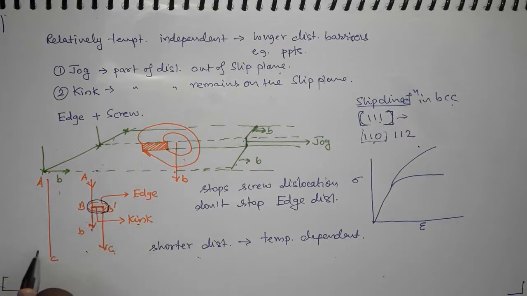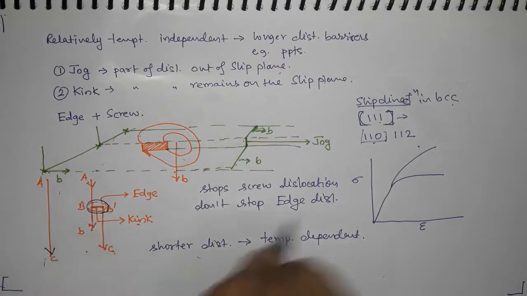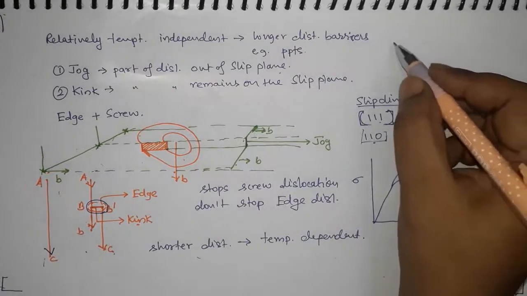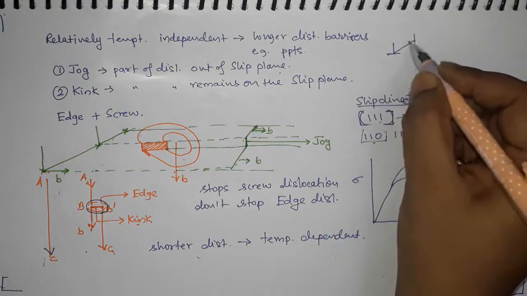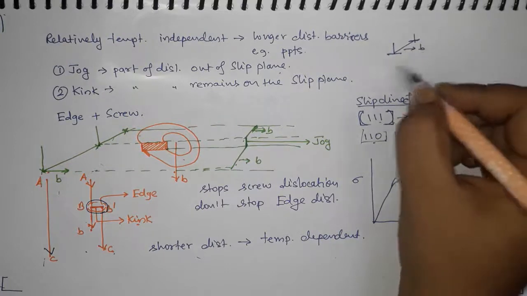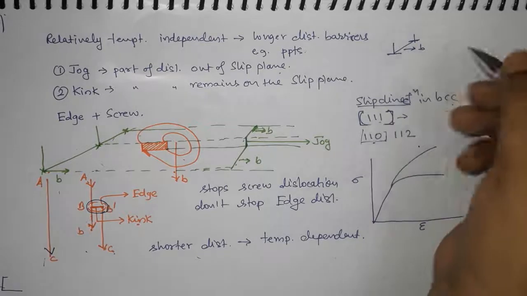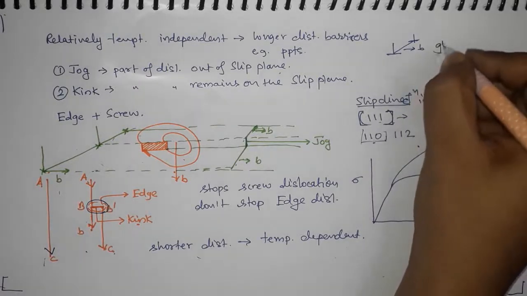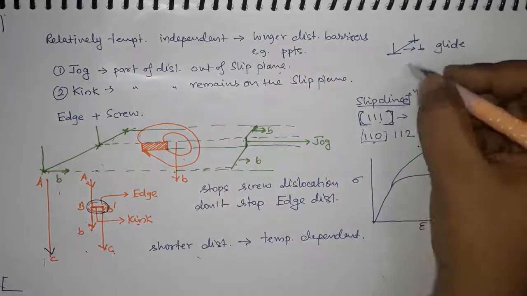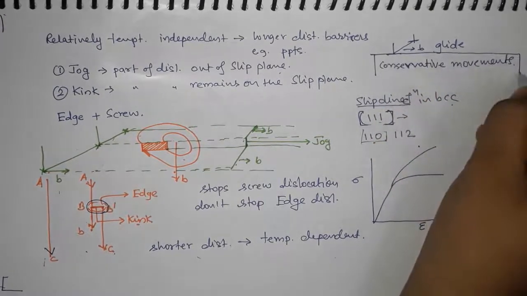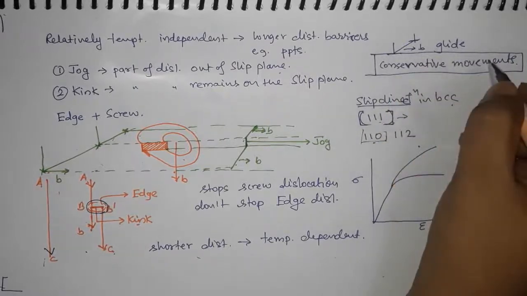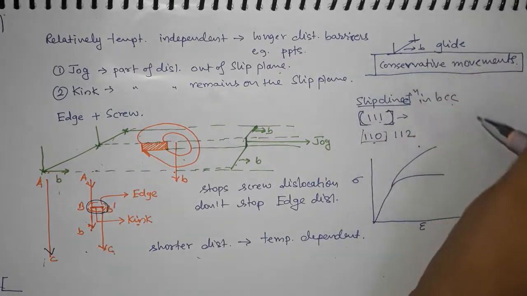When a screw dislocation moves in the Burgers direction, or an edge dislocation moves along its Burgers vector, these dislocation movements, also known as glide or slip, are conservative. Nothing happens in this case. A half plane is moving, so nothing is created and nothing is destroyed. It's a conservative movement.